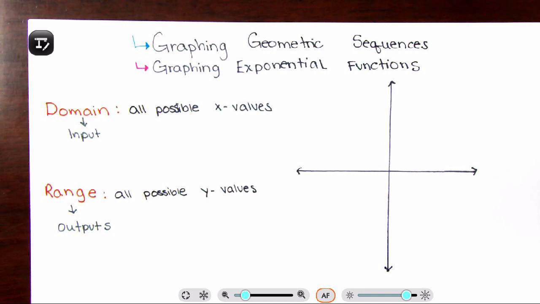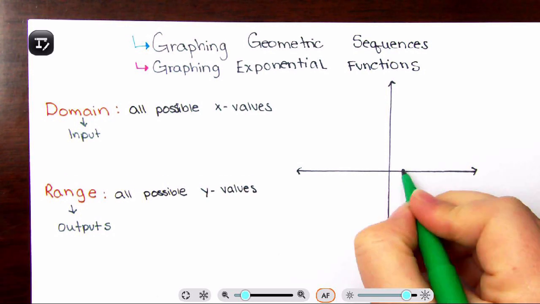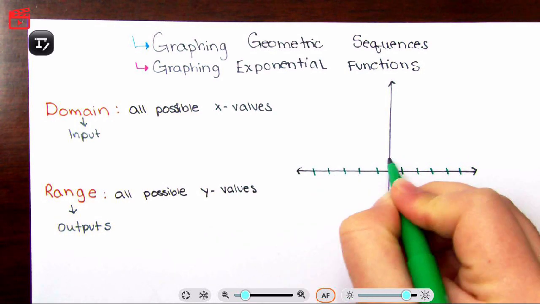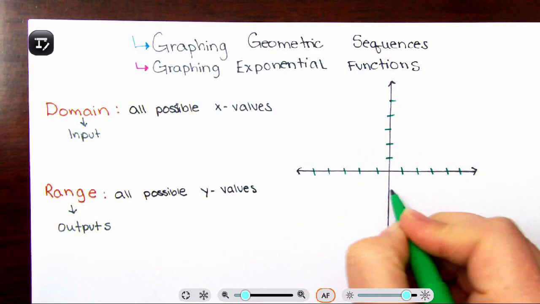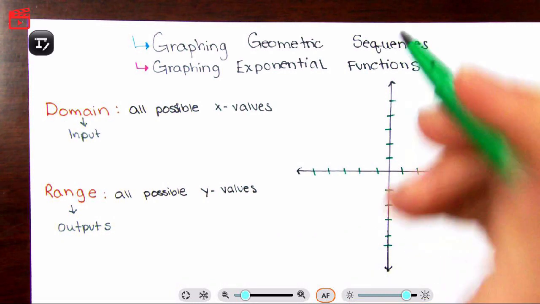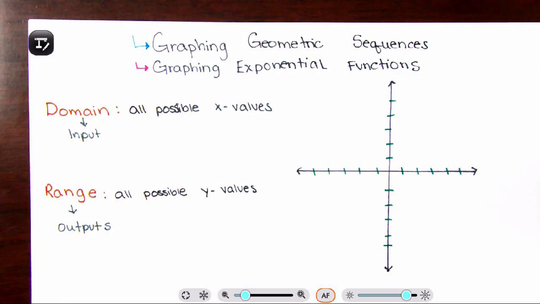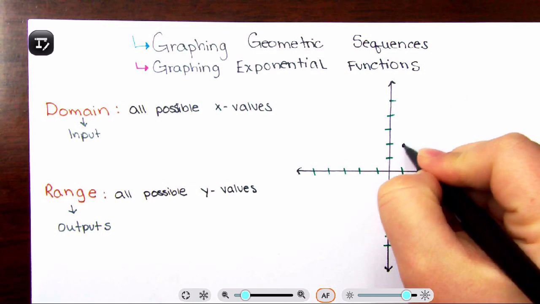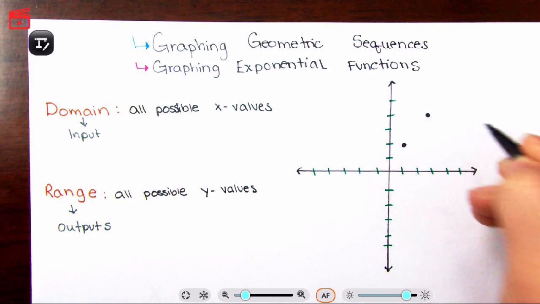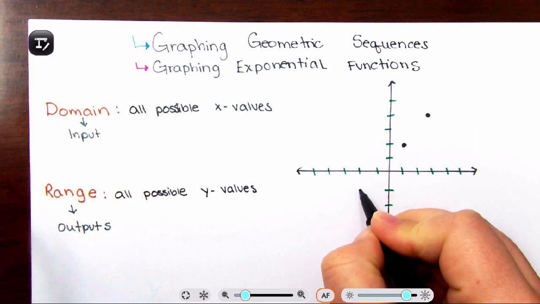So for example, I'm going to just give you some points, 1, 2, 3, 4, 5 on each axis. Let's say we have a line. Let me change my colors here. So there's a point here, there's a point here, and there's a point.